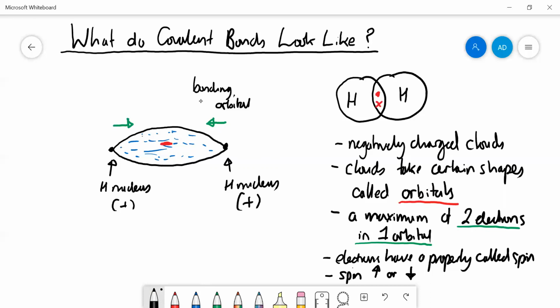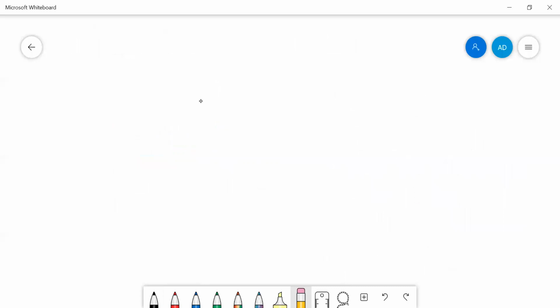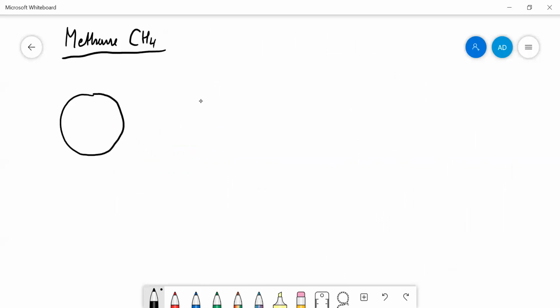Let's try and think about what a more complicated molecule like methane might look like. Okay, and we've got the dot cross diagram, with the electrons like this.